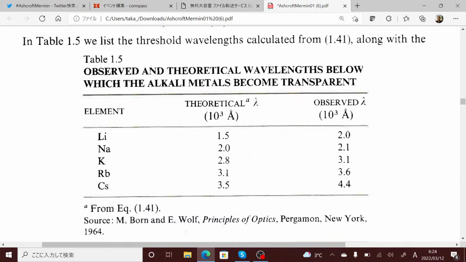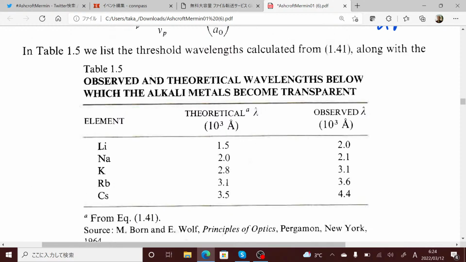For lithium, theoretical lambda is 1500 angstrom, observed lambda is 2000 angstrom.